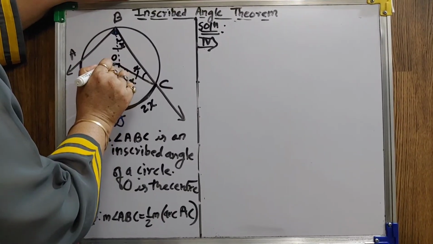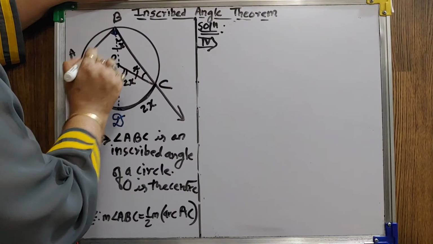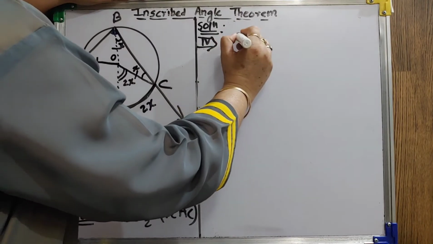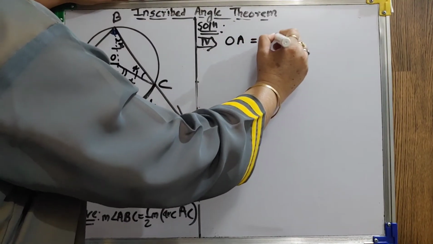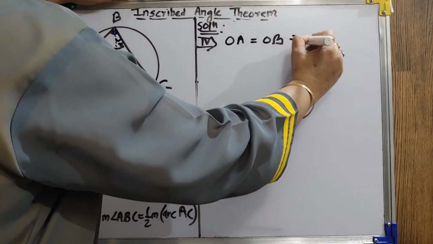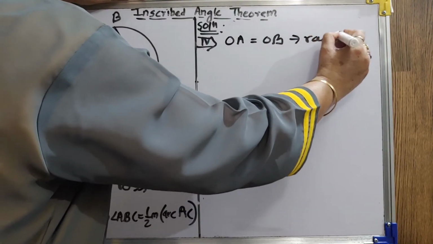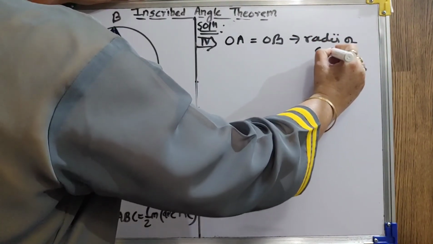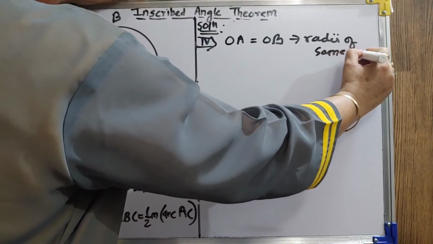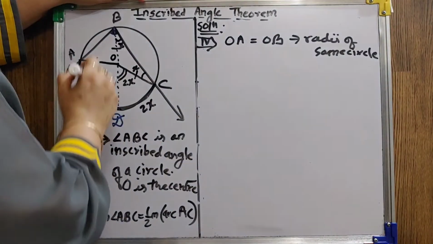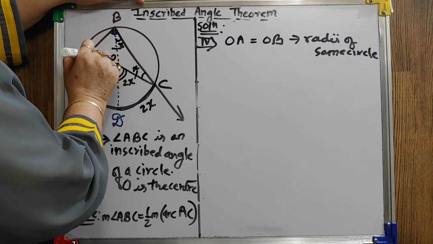In the same way, join OA. Now OA and OB, they are again equal. You know the reason, radii of the same circle. So this angle is equal to this angle.